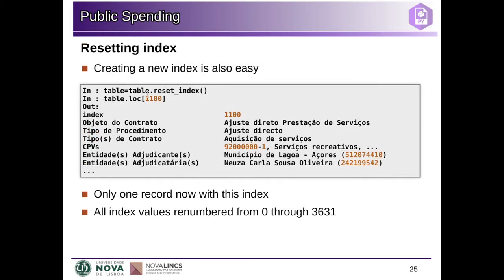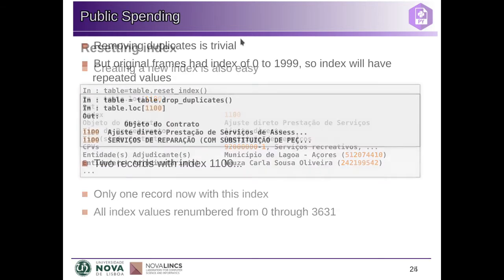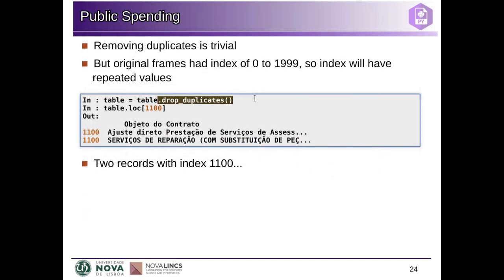So we can call reset index. Once again, note that all of these functions, reset index, drop duplicates, and so on, do not affect the values on the table. They give us a new table with the operation performed.